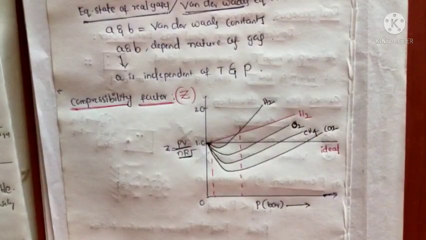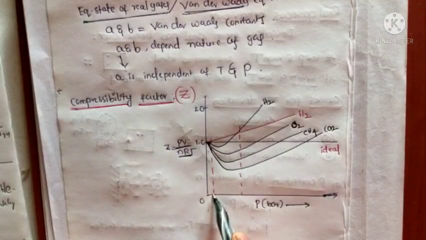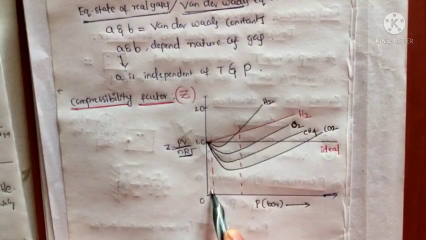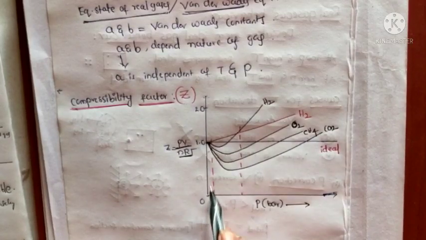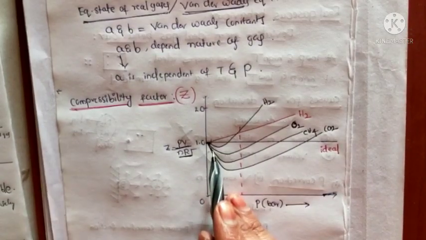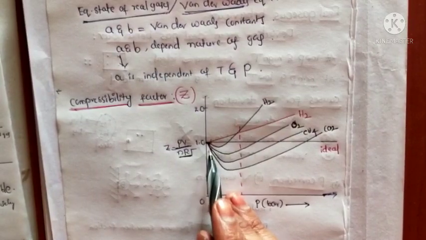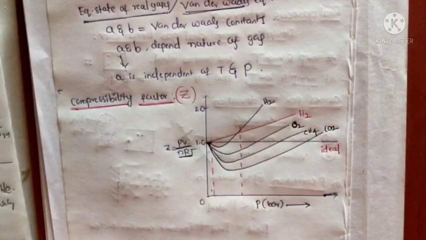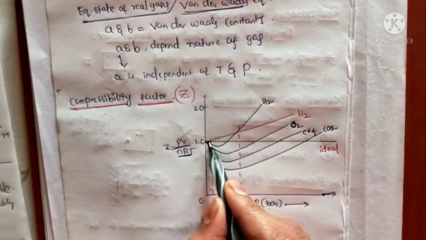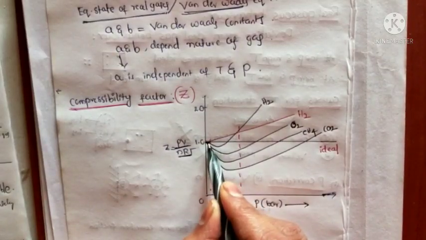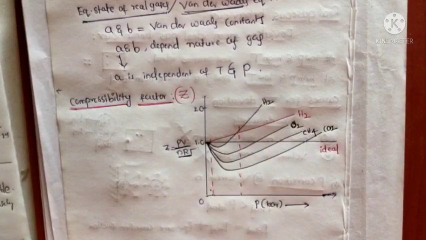Okay, so at extremely low pressure, Z is very close to 1, that means Z is unity, which indicates that all gases behave ideally at extremely low pressure.